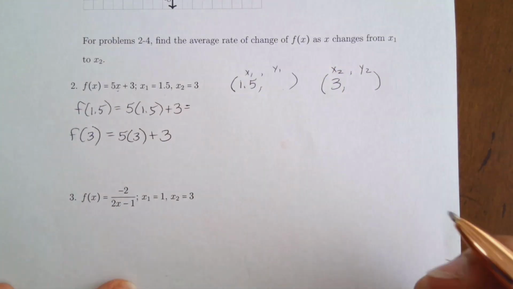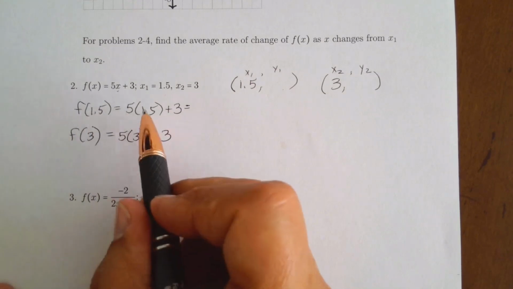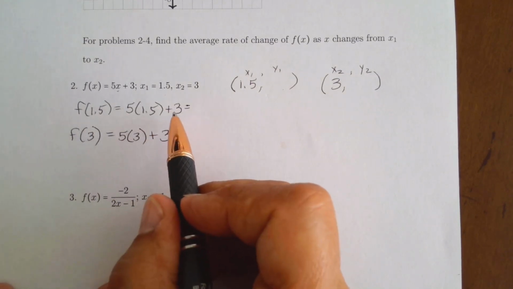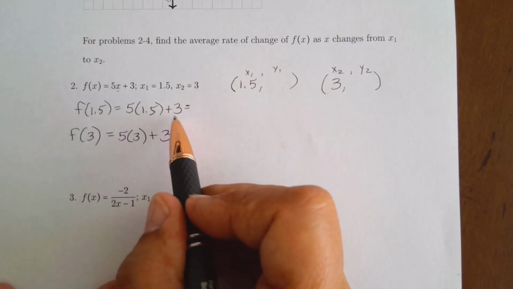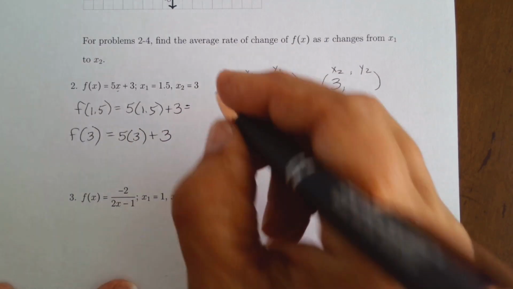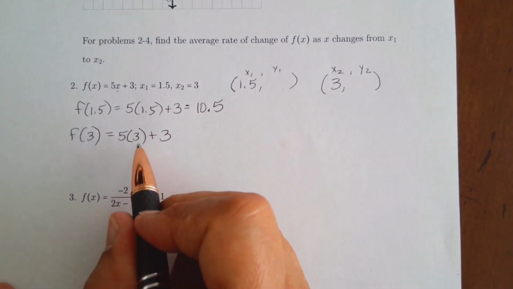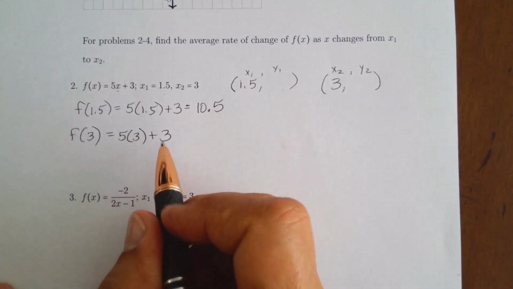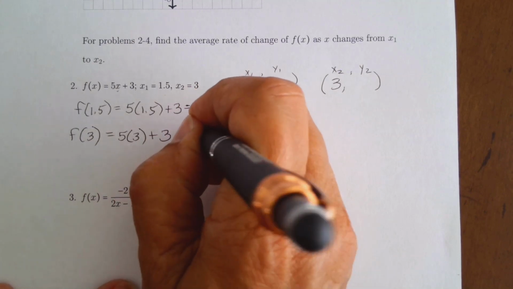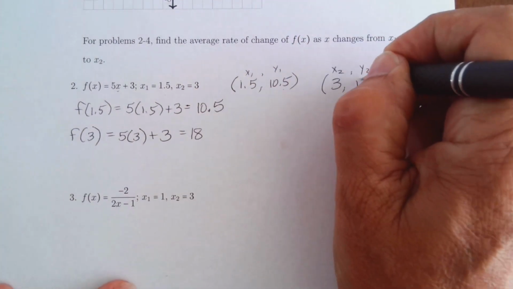So f of 1.5: 5 times 1.5 plus 3, you can put that in your calculator. This is going to be 7.5 plus 3, so that's 10.5. And then 5 times 3, 15 plus 3 is 18. So now you have your values for y.